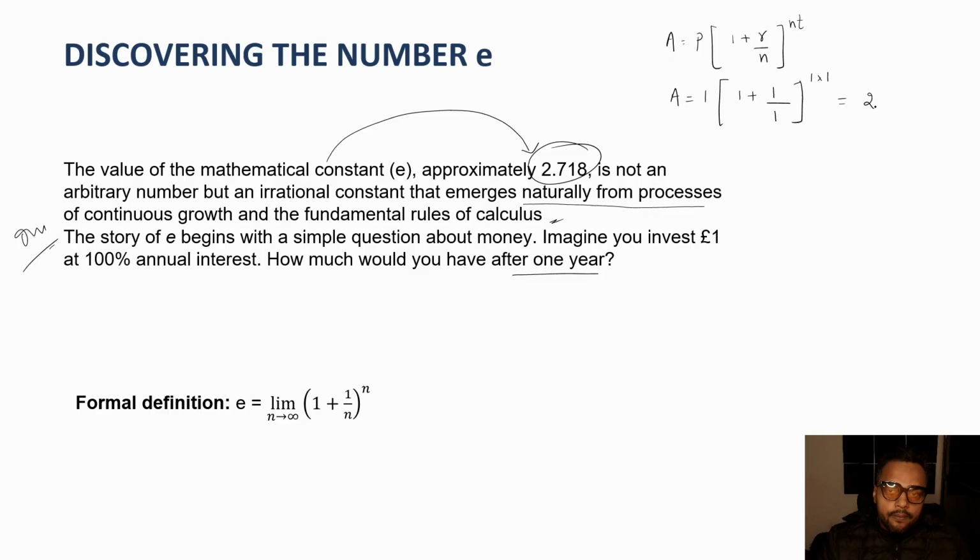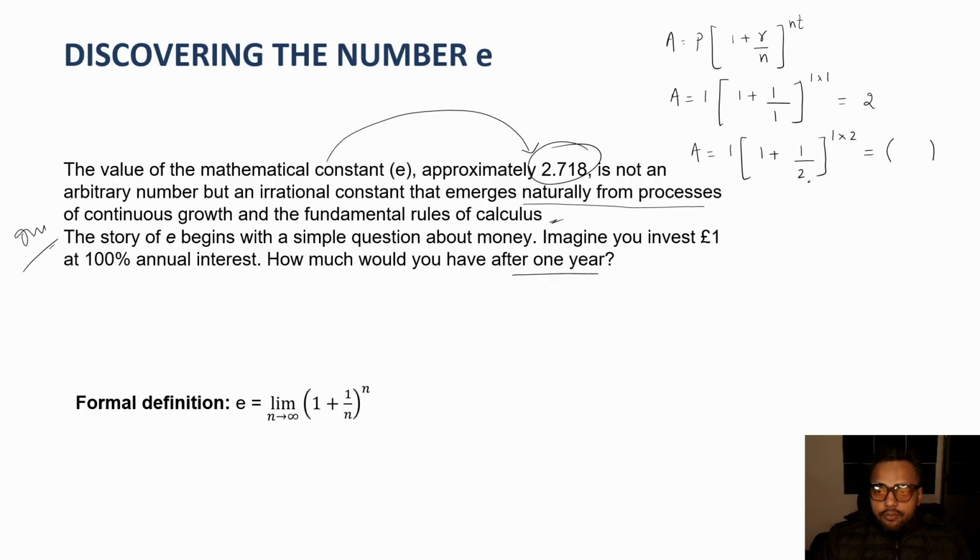So it will be 2. Now if this money is getting compounded half yearly, N will be 2, so it will be (1 + 1/2) raised to the power 1 times 2. This is the amount after 2 compounding periods.